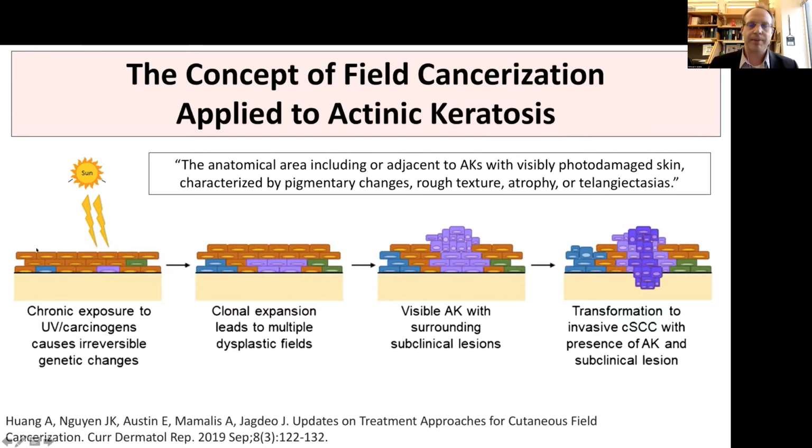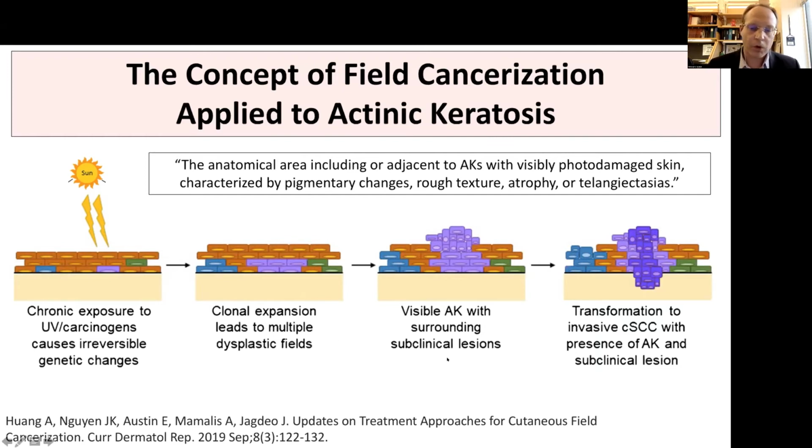So if we look at the schematic here, we start on the left with the sun. Chronic exposure to UV or other carcinogens can cause irreversible genetic changes, such as the blue, purple, or green mutated keratinocytes. If we move over one to the right, these mutated keratinocytes can undergo clonal expansion, leading to multiple dysplastic fields.